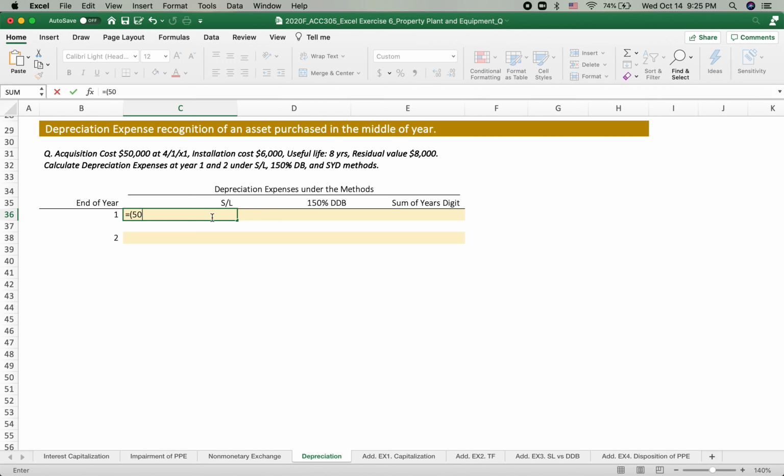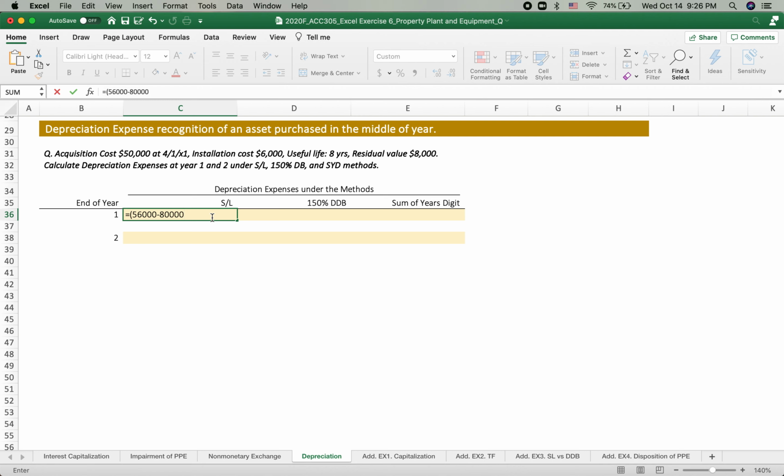So $50,000 plus $6,000, the installation cost. So the $56,000 is the total acquisition cost. Now we should reduce by this residual value. At the end of year 8, the $8,000 will be remaining.